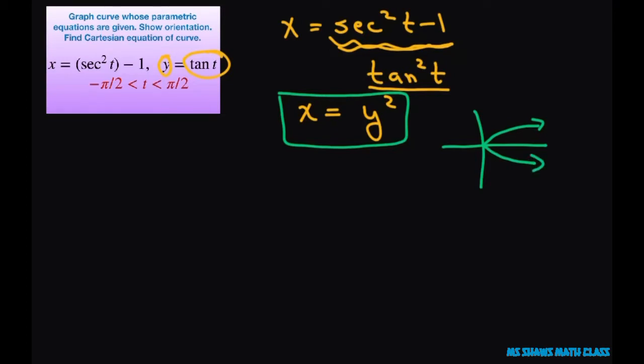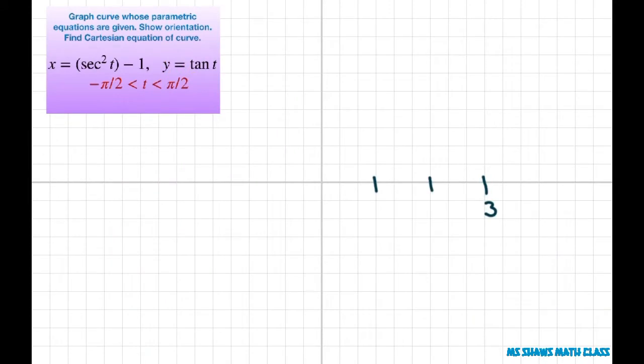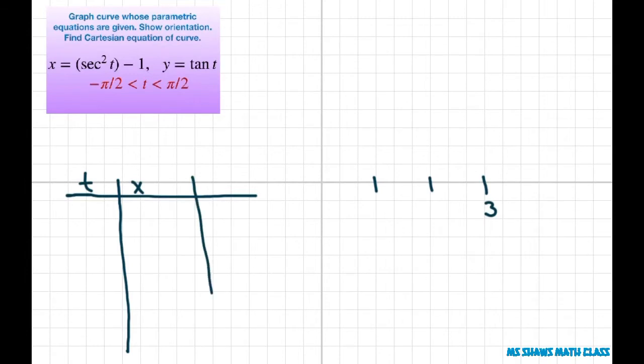Now, let's go ahead and graph this curve based on what we have for our x and our y. So our curve, let's write it as, we have our t, our x, and our y.